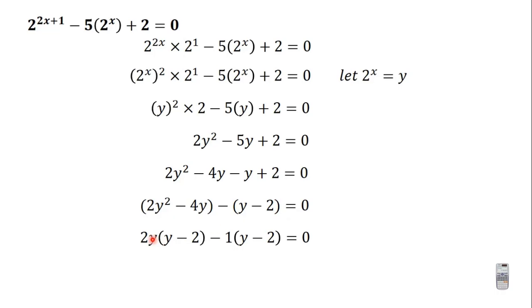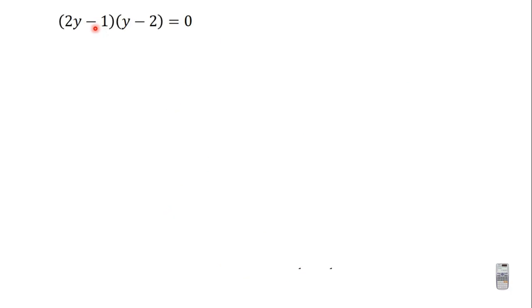In factorizing this, we are going to have 2y into bracket y minus 2, minus 1 into bracket y minus 2. And this will give us 2y minus 1 in one bracket, y minus 2 in the other bracket, equal to 0.